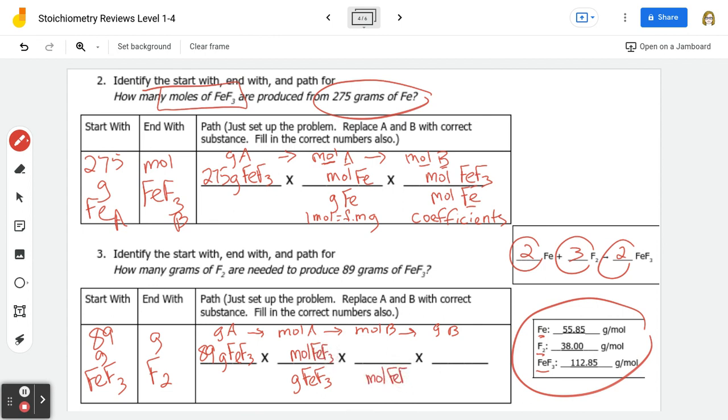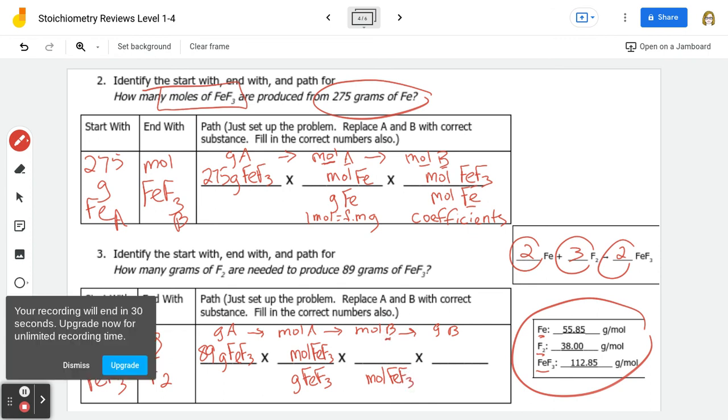We'll cancel moles of Fe, F3. And then we'll convert to moles of F2. We'll cancel moles of F2. And then we'll end with grams of F2. So here's our coefficient step. And here is our formula mass steps. And I'll let you finish that one on your own.